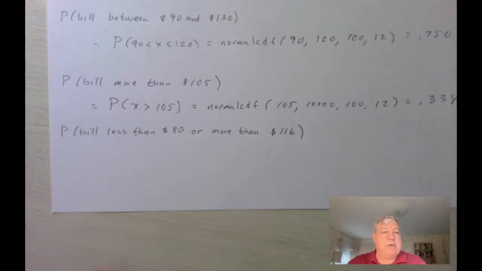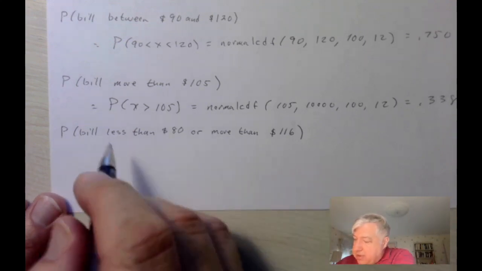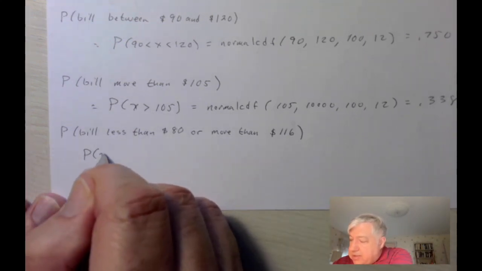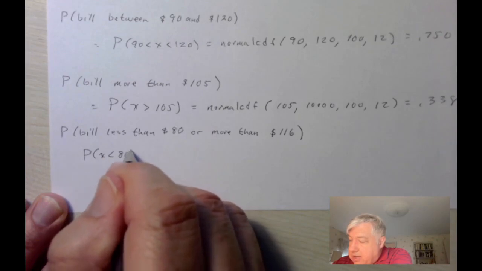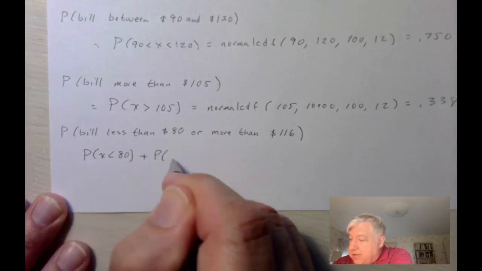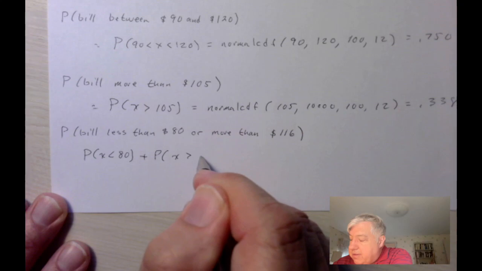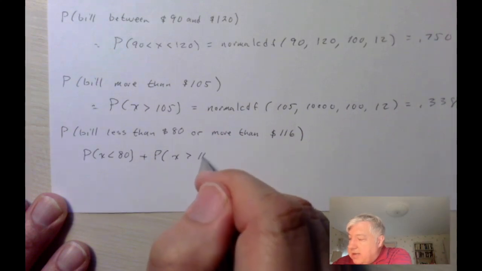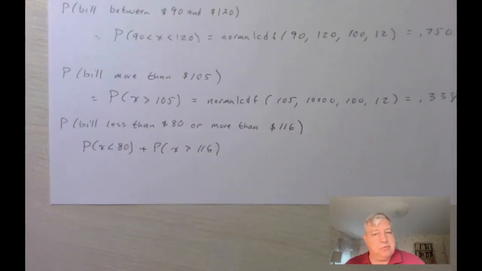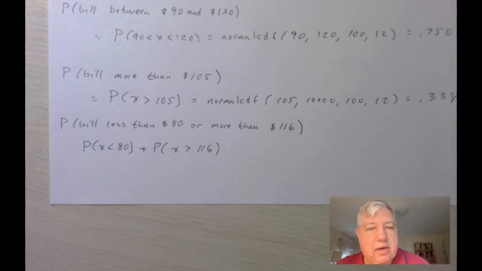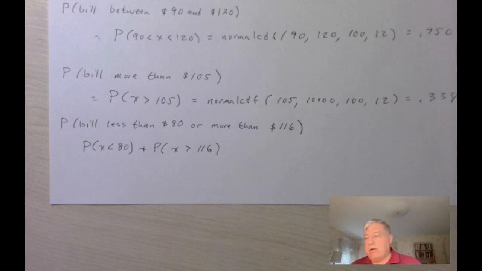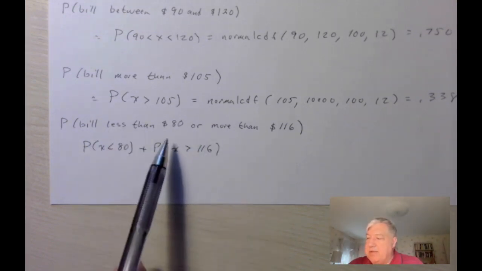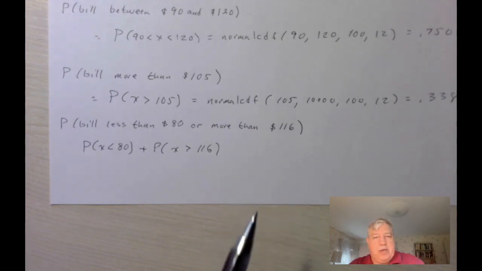And if we want to find a bill that is less than 80 or more than $116, this is the probability that x is less than 80 plus the probability that x is greater than 116. Now, we could do it this way, and we could use the normal CDF command twice and just add these probabilities together. Or you can realize that the complement of this event is the bill being between 80 and 116.